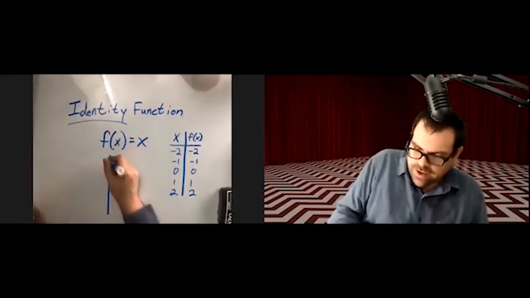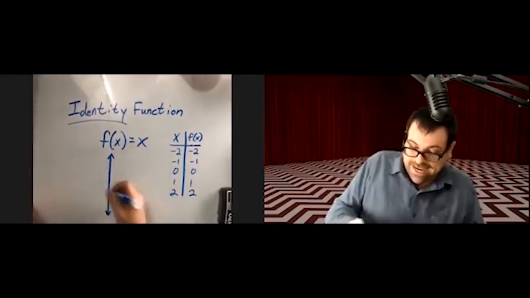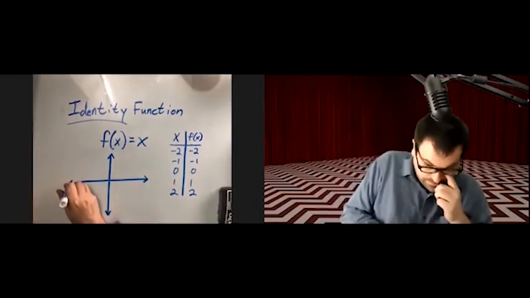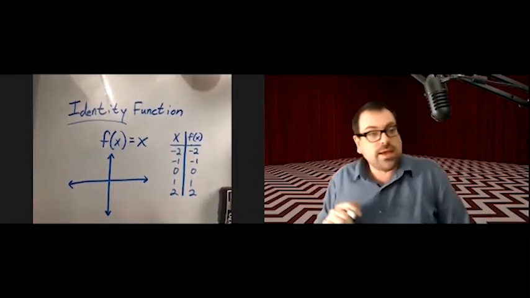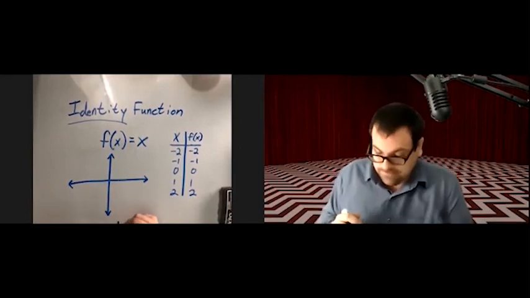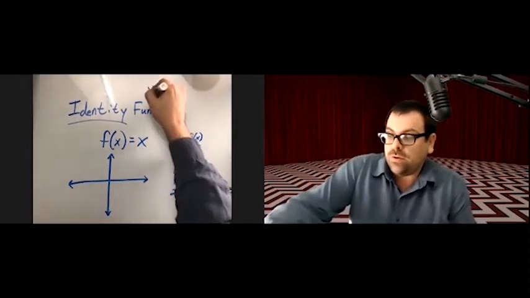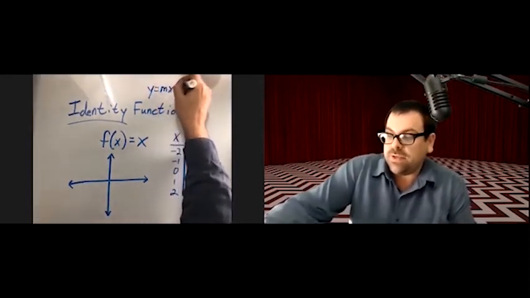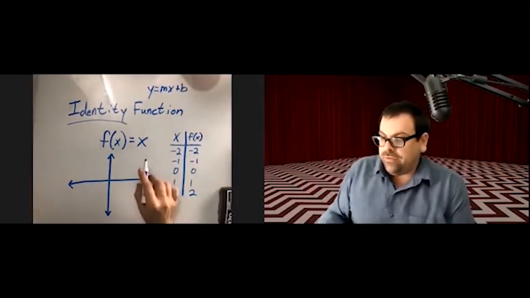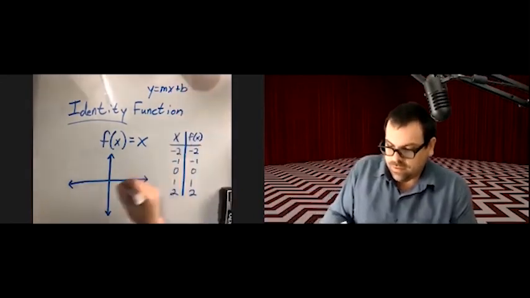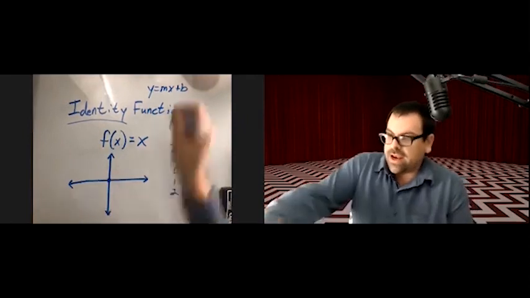The important thing for today about the identity function is going to be the graph of it. This is like y equals mx plus b if b was 0 and m was 1.